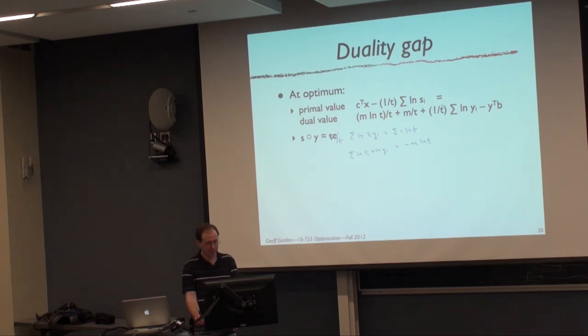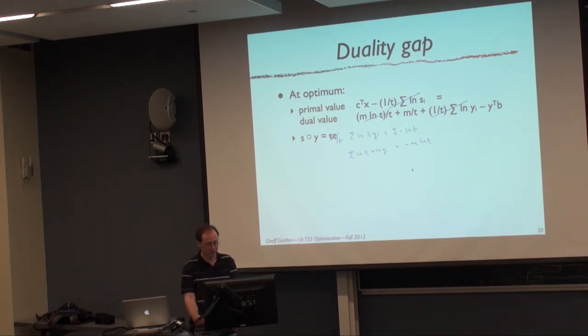And so here, if we move the log s over to this side, right, what we'll get is 1 over t times minus m log t, right? And so we can just get rid of that term and that term all at once, right? Everything just cancels. Beautiful.